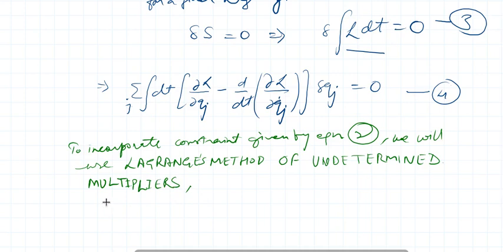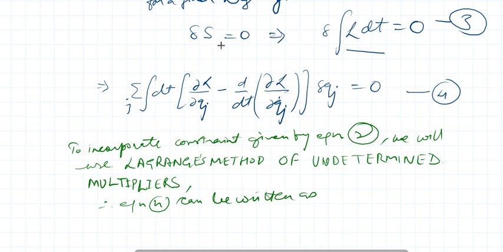So therefore equation 4 can be written as, basically in the Lagrange's method of multipliers, because we have to incorporate it.